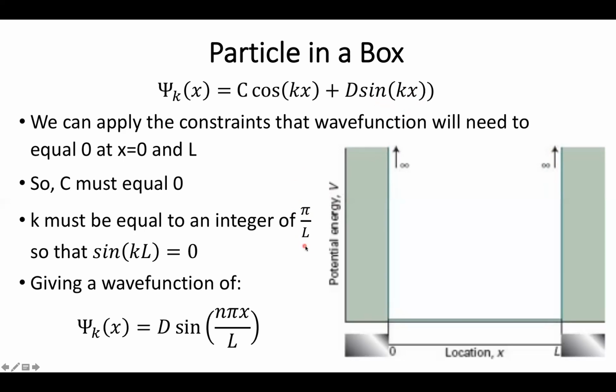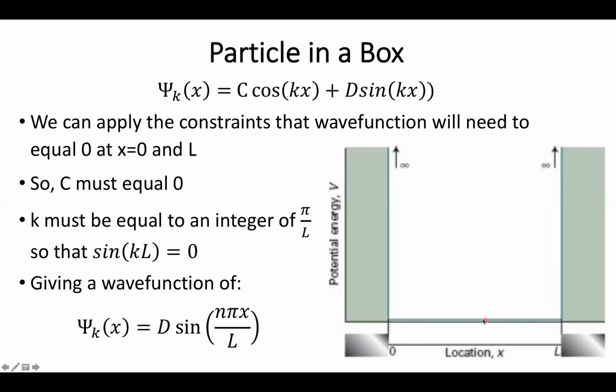So what we're going to be able to do is describe our general wave function as d times sine of n, which is just an integer, times pi x over L. Now, one of the things I do want to acknowledge is that for our choice of n, we don't exactly want to have n equals 0, because this would mean I'd have a flat wave function.